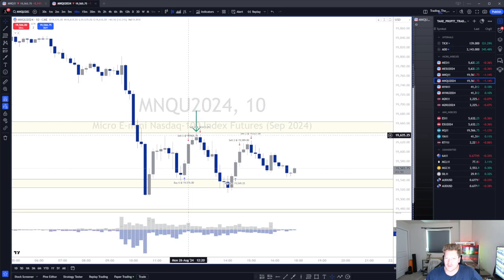The name is escaping me, but this candle right here that I actually closed my position on, I could have taken a short on, because this was forming a bearish candlestick pattern. So you could have opened short on this candle with your stop loss above the high of the wick that we just took our profit from, and that would have been a trade right back down to our support.